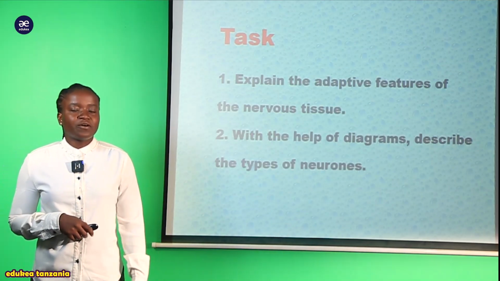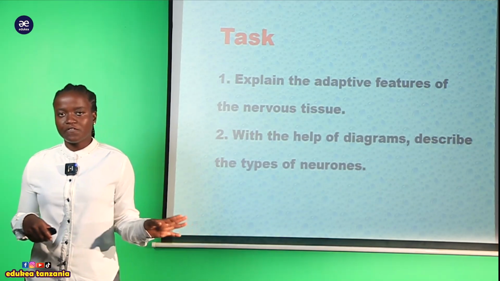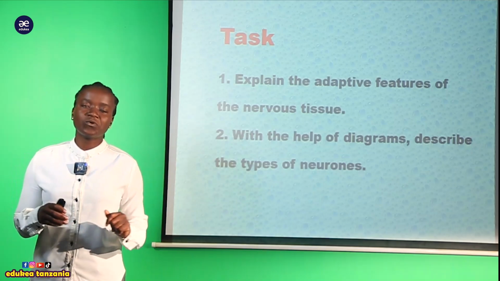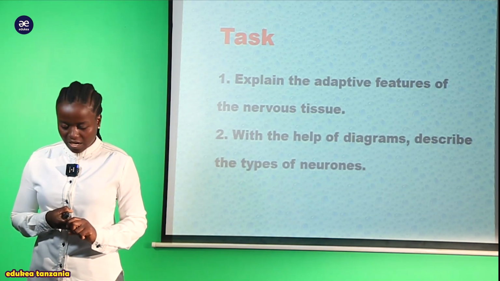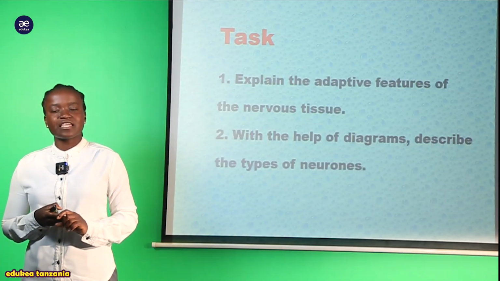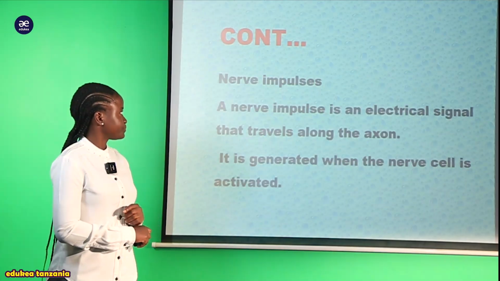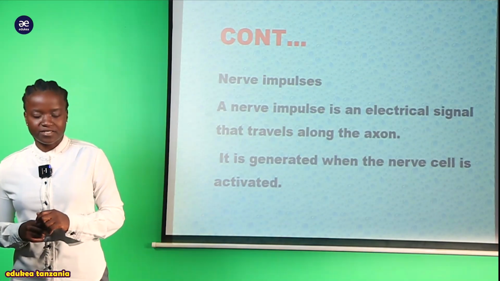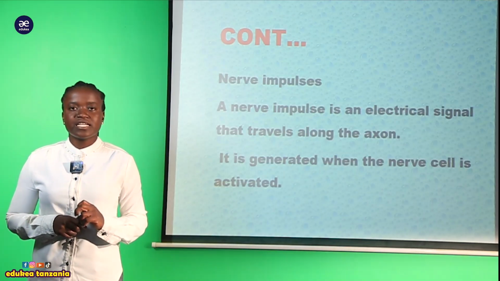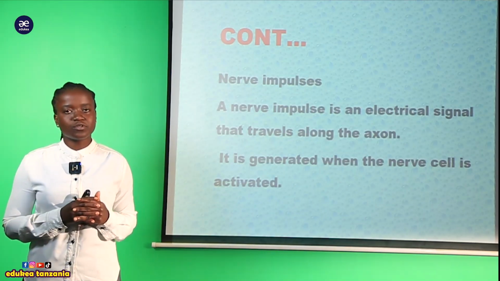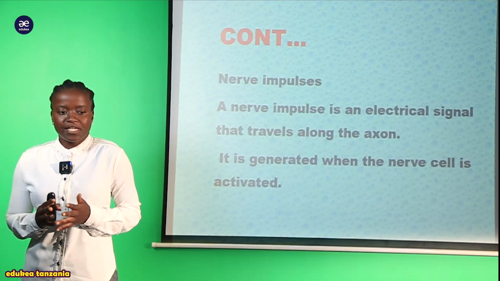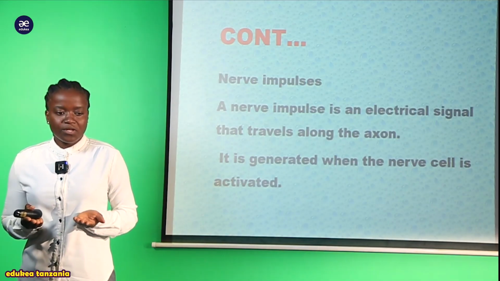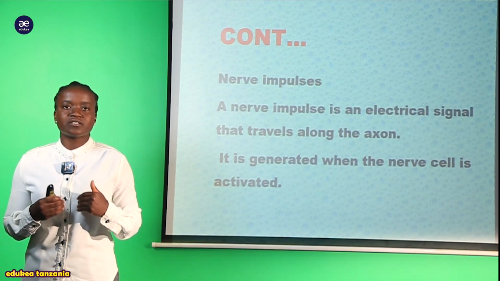So now, after we have seen all of the types that are included within the neurons, my students, I have to take you through another thing, and this is the nerve impulse. We have to know what this nerve impulse is, which we have already discussed about when we began this coordination.